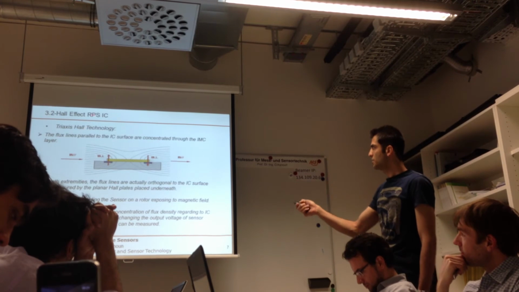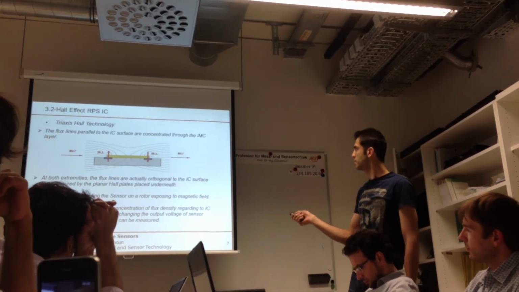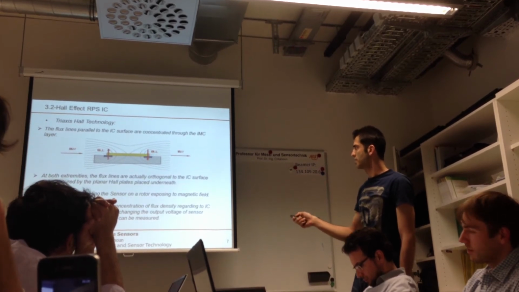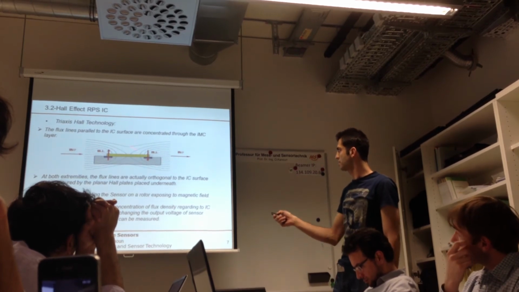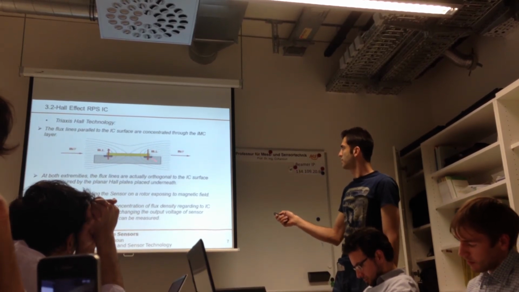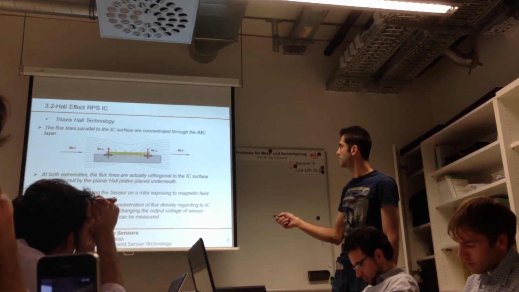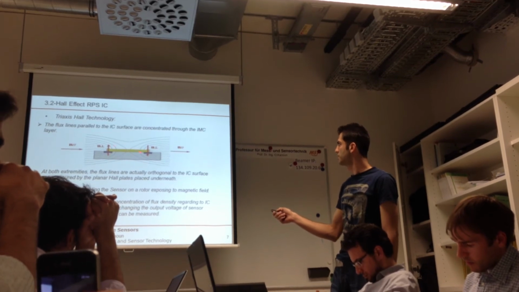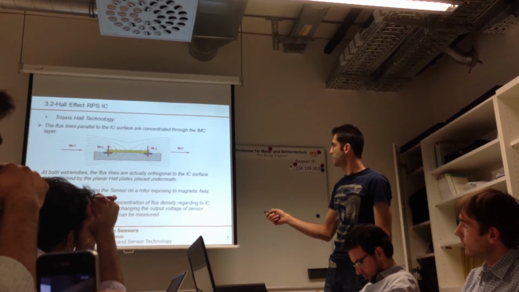With the help of this picture, we can understand the principles of such ICs. This whole pack is the IC, these blue parts are Hall plates for measuring the Hall effect, and this yellow part is the IMC for amplifying the Hall effect.